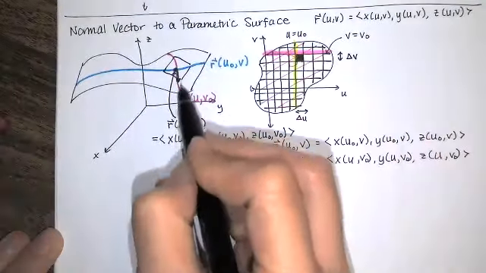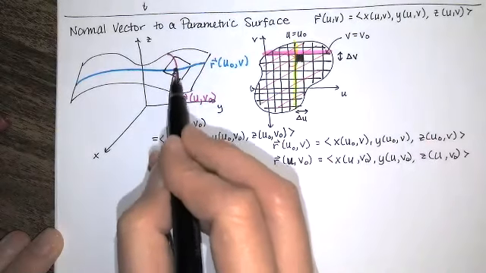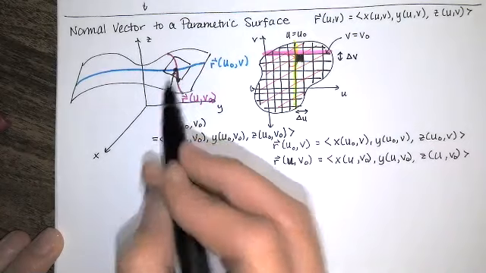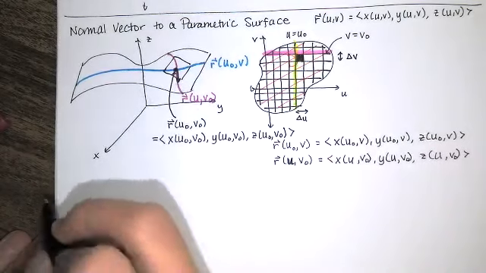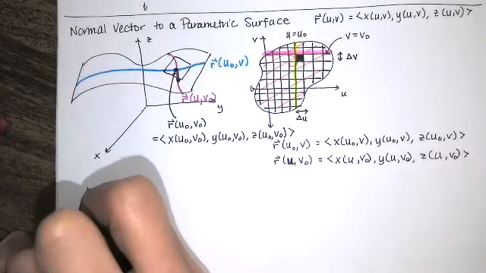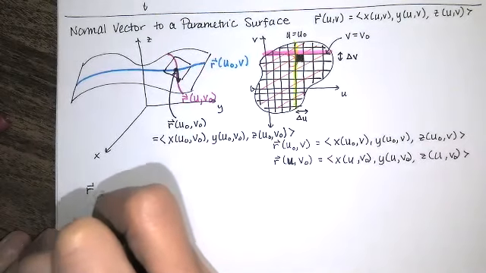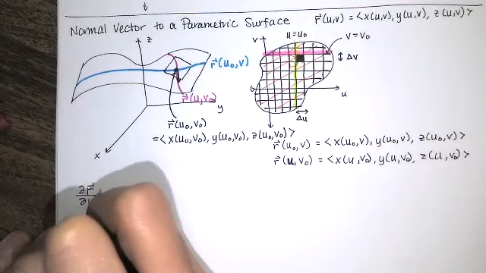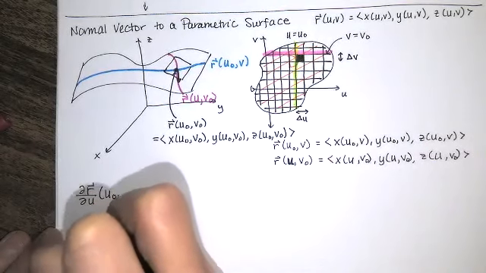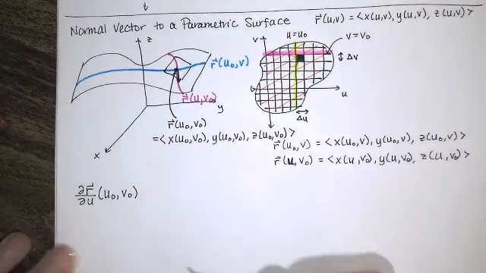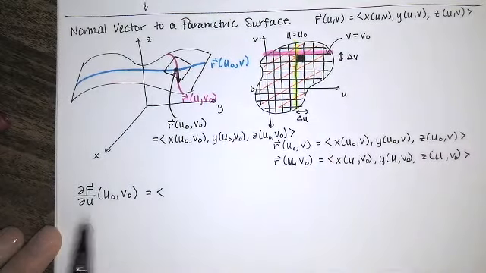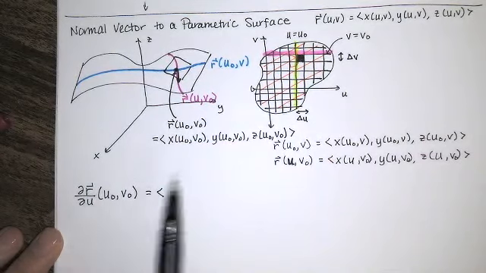If I take the instantaneous rate of change of r with respect to u at u naught and v naught, well, that's going to give me a tangent vector. So that is the partial of r with respect to u, evaluated at u naught and v naught. And so the way you find that is the same way that you found the derivative of r with respect to t.